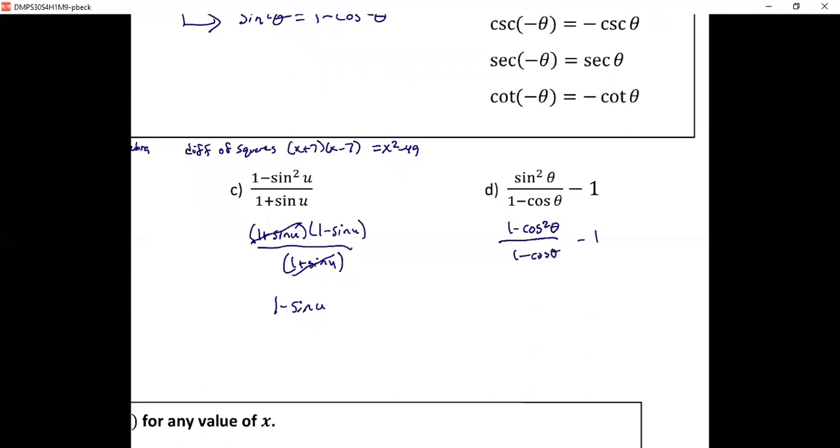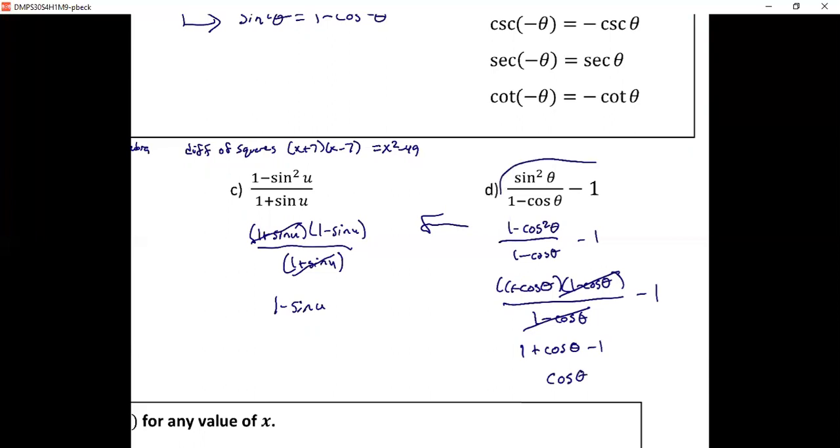And then we can factor this just like we did on that problem right there as 1 plus cosine of theta times 1 minus cosine of theta over 1 minus cosine of theta. And once again, these factors reduce and we have 1 plus cosine of theta minus 1, which is just cosine of theta.